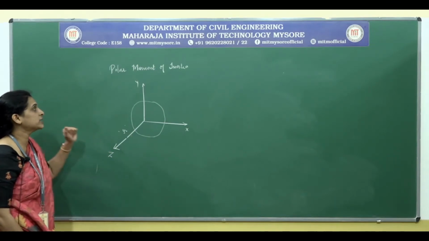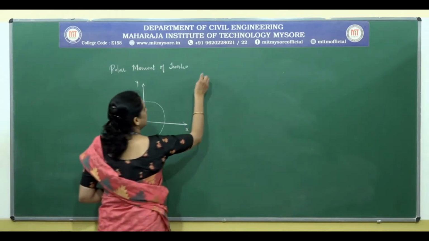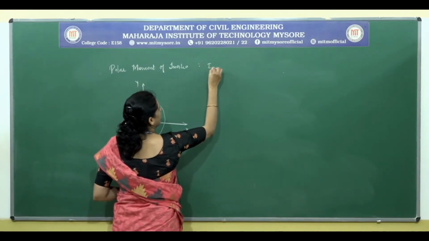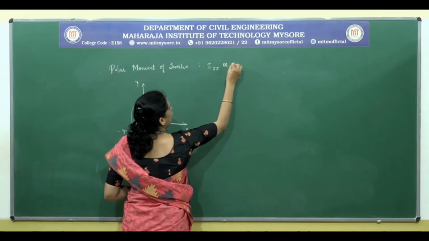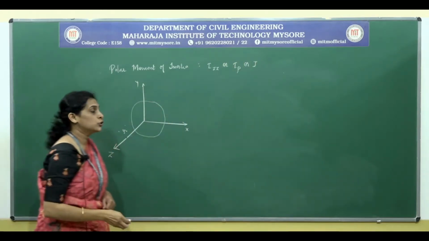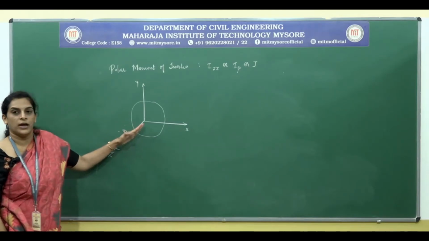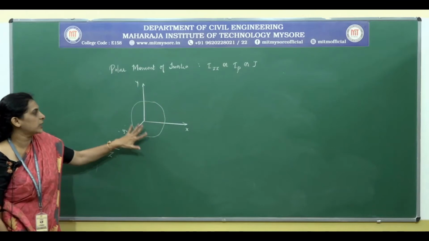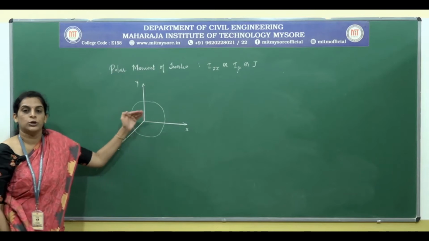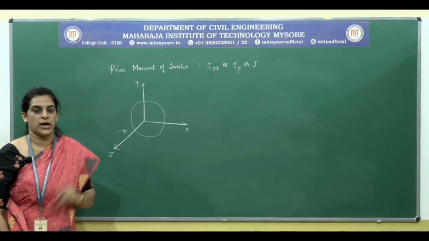So, now to understand the polar moment of inertia in a better way, the polar moment of inertia is represented as Izz or Ip or J. On the whole, we can tell that the polar moment of inertia is perpendicular to the given lamina. So, the axis that is perpendicular to the given lamina represents the polar moment of inertia.